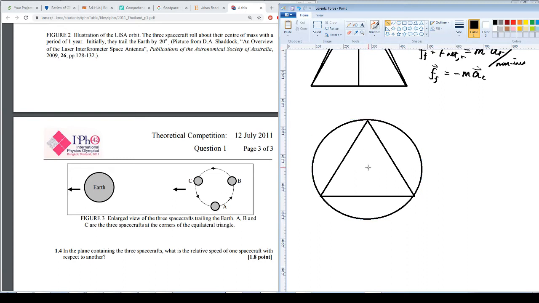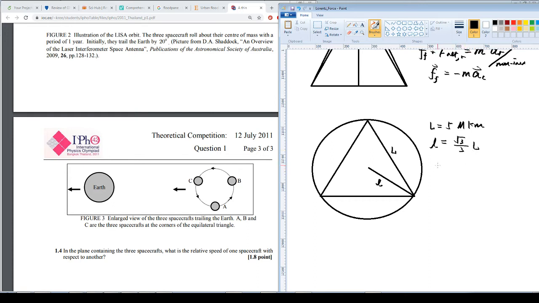We just need to find the radius. Too many R's. Let's call this small l, and that's big L. Big L is 5 million kilometers. Small l is 1/3 of root 3 L, right?